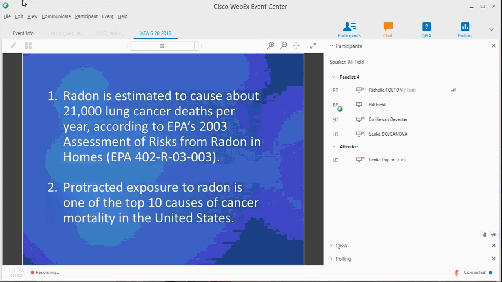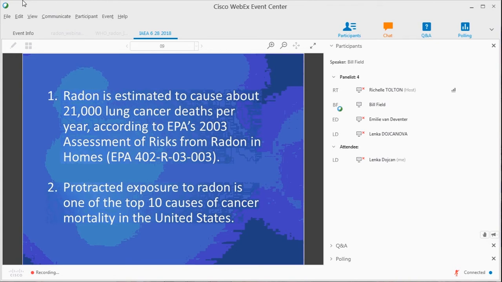And this was a typical question. Radon's estimated to cause about 21,000 lung cancer deaths in the United States. That was one statement. Or protracted exposure to radon is one of the top 10 causes of cancer mortality in the United States. Which do you find more persuasive from a risk perception standpoint? And probably not surprising, it was number 2.